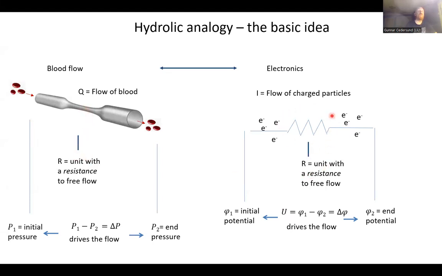And in the same way, of course, in an electric circuit, you have some resistance everywhere, but you might have certain places where you have a well-defined resistance that is so high that you need to take it into account as a special section. So these are the basic analogies.